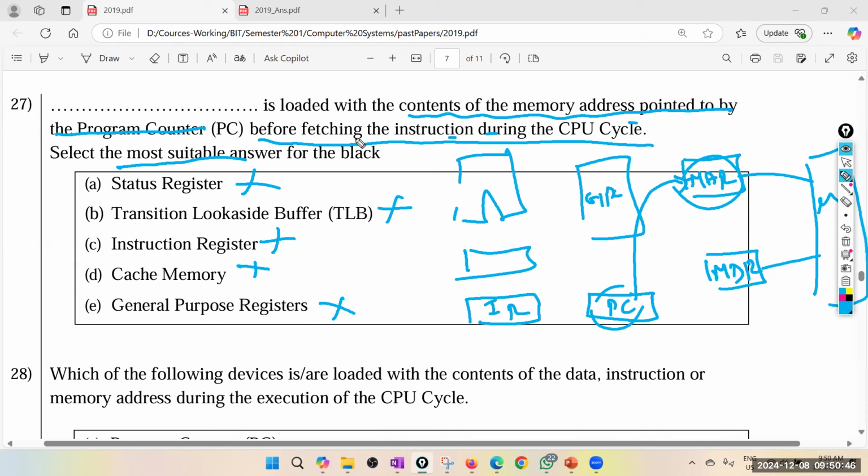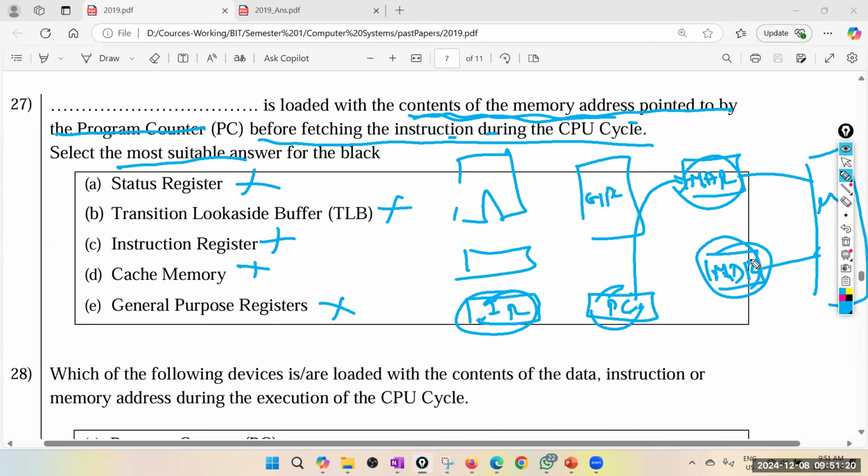Another possibility is, because it says content of the memory address, that is the memory address itself. So either it must be the memory data register or the instruction register, because the content of this address will be initially here, afterwards here. Initially this value will be here, then the content of this value will be here and then here.